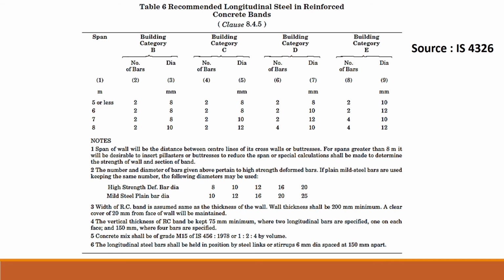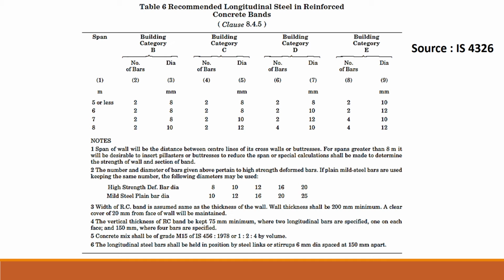Some further details about the roof band. How is the roof band provided in the masonry structure? First of all, the roof band should be made up of reinforced concrete not leaner than M15, or reinforced brickwork cast in cement mortar not leaner than 1:3. The band should be provided over the full width of the wall.